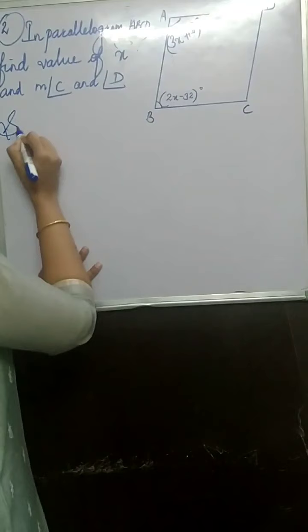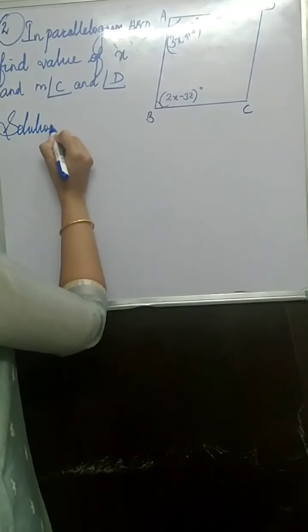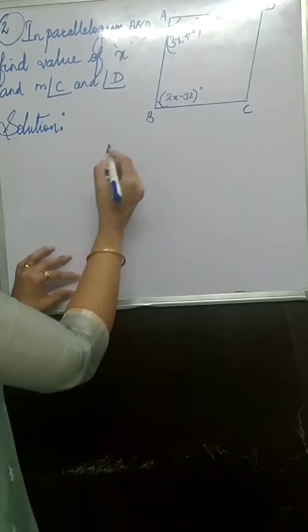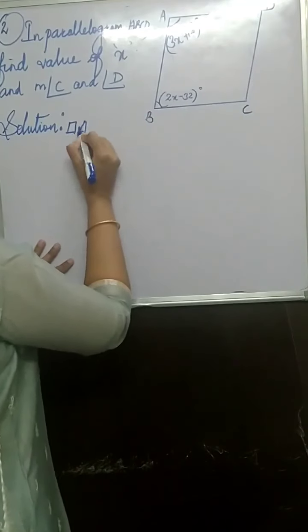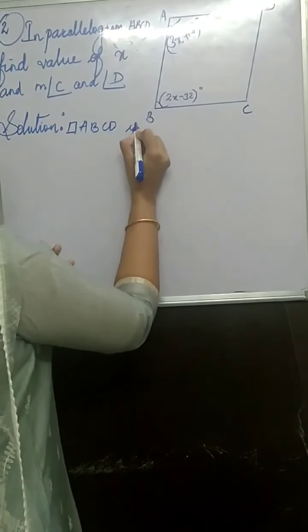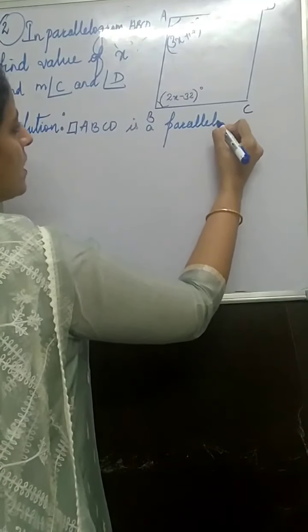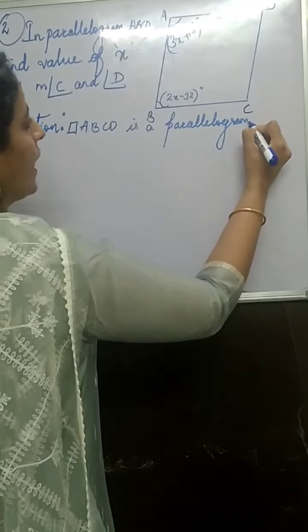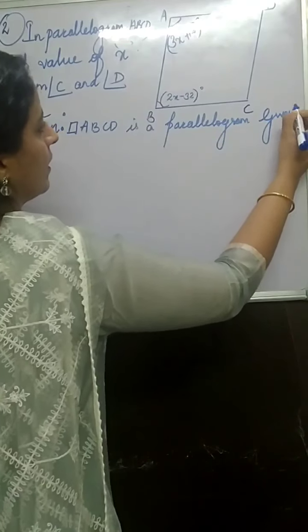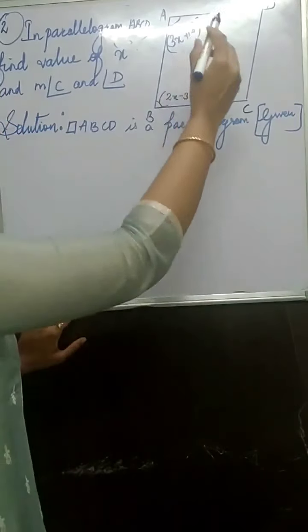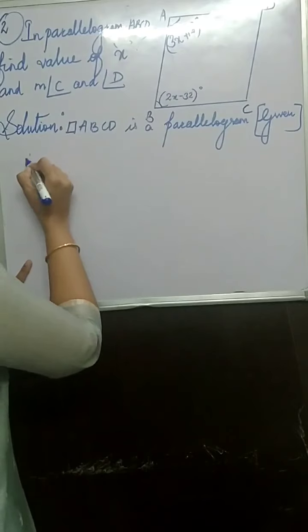Write solution and start with given: quadrilateral ABCD is a parallelogram. Write this as the first thing and write given.